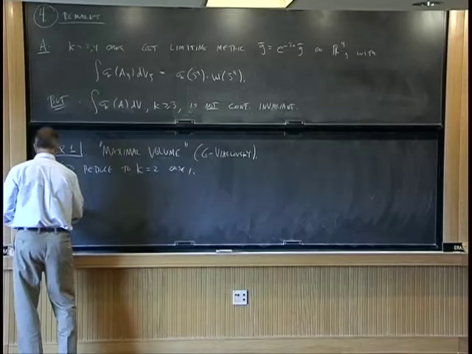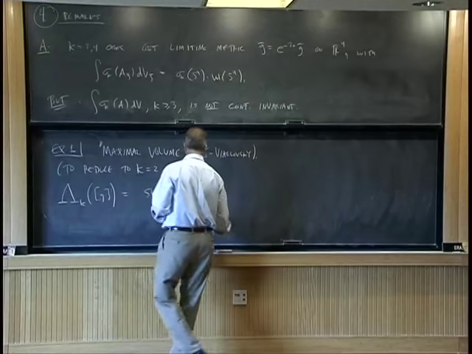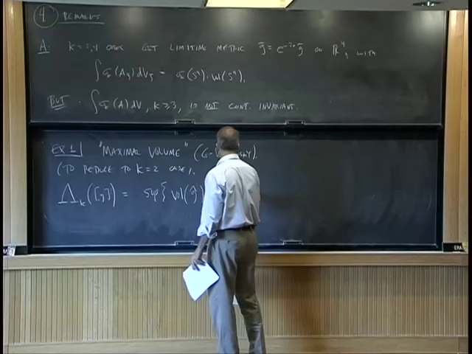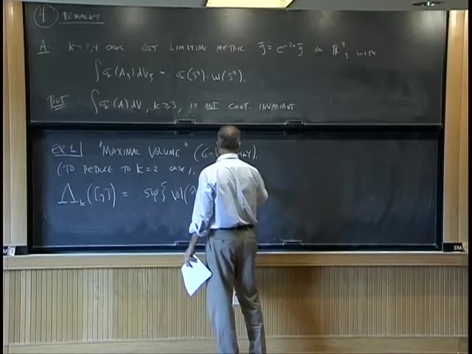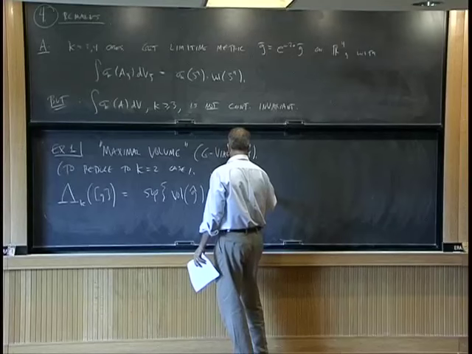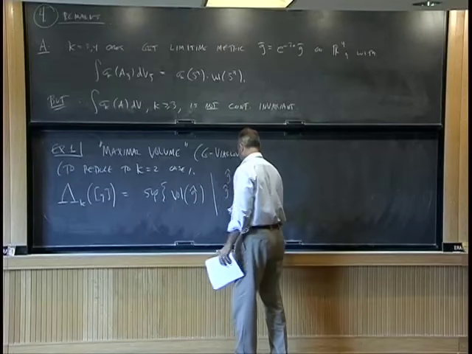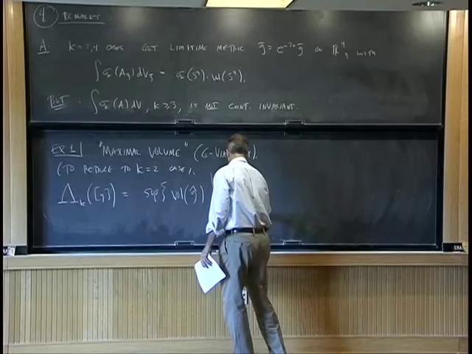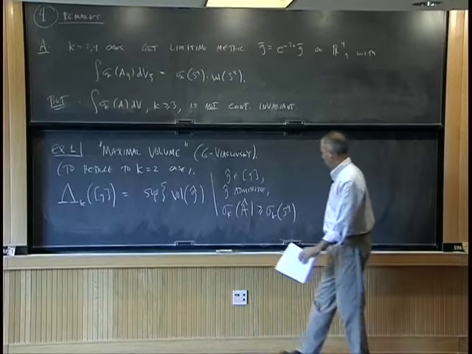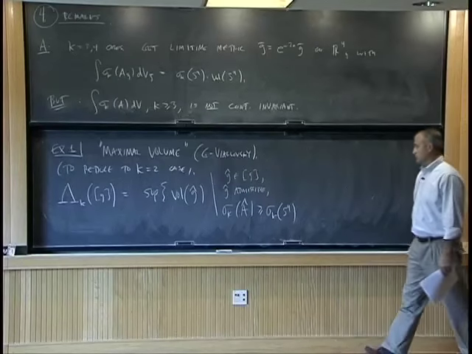You take the sup of the volume of all conformal metrics in that class which satisfy the following: g hat is a conformal metric, g hat is admissible, and you normalize the sigma k curvature of g hat to be at least equal to the sigma k curvature on S4.